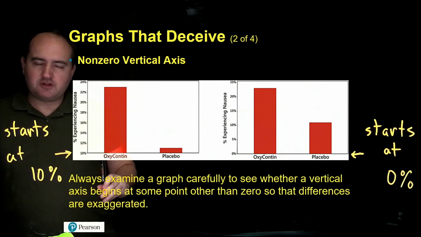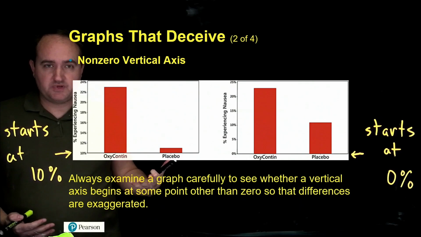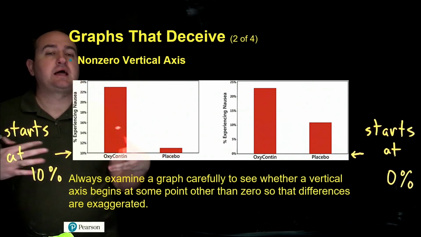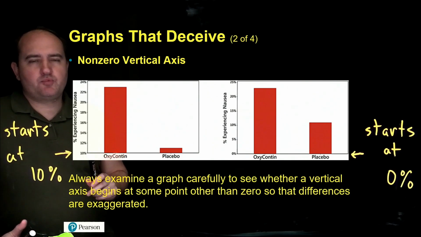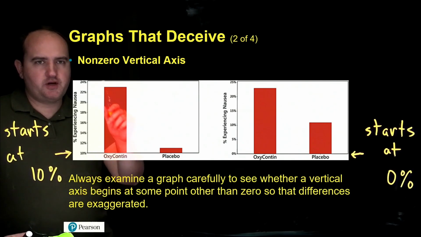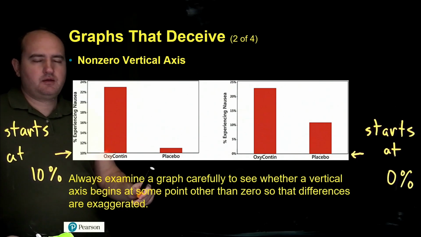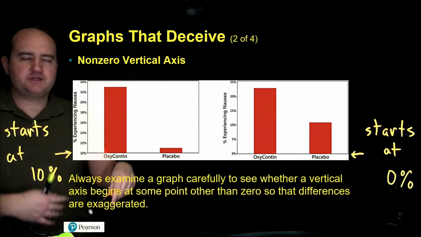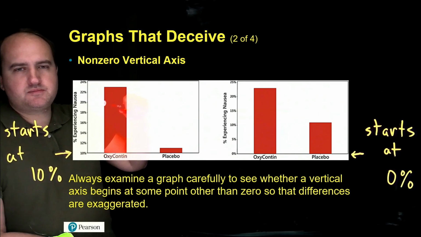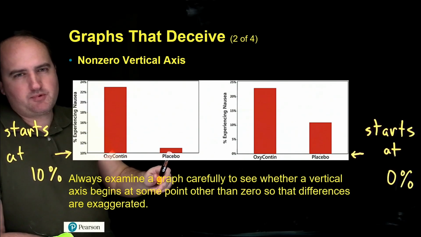So the graph on the left is an example of a graph that deceives. It's deceptive because it's lying to us. So the graph on the left, by starting at a number besides 0, a non-zero vertical axis, makes us think that OxyContin is causing about 10 times the nausea percentage of the placebo.